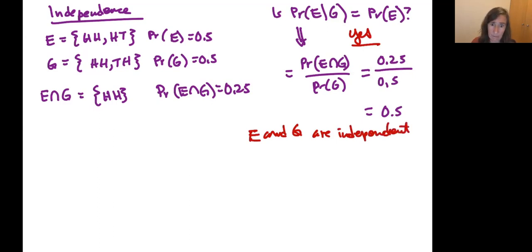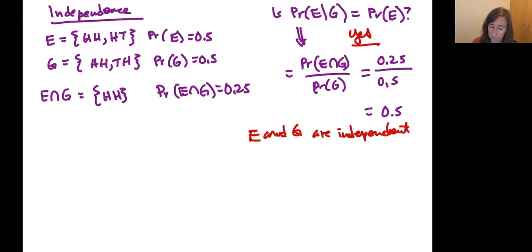Knowing how the second coin flip came out doesn't tell you anything about how the first coin flip came out. No gambler's fallacy here. They really are independent.